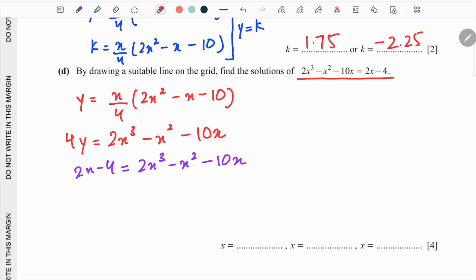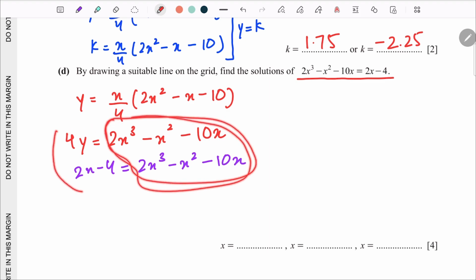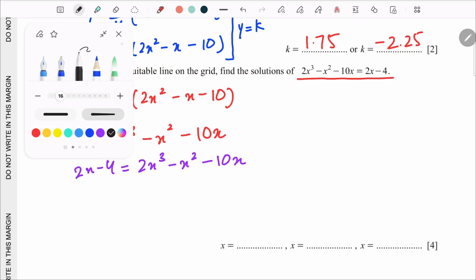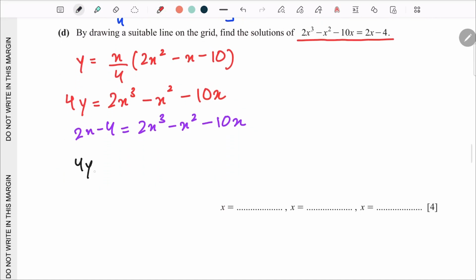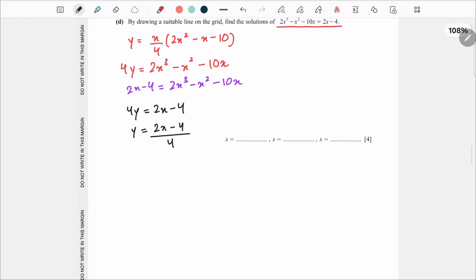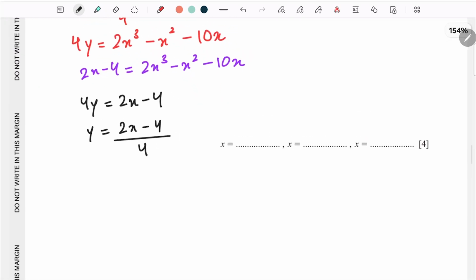So this entire part is common. So technically 4y will be equal to 2x minus 4. If I make y the subject, y is equal to 2x minus 4 divided by 4. Now I'm going to find some points so that I can draw a line for this particular equation.